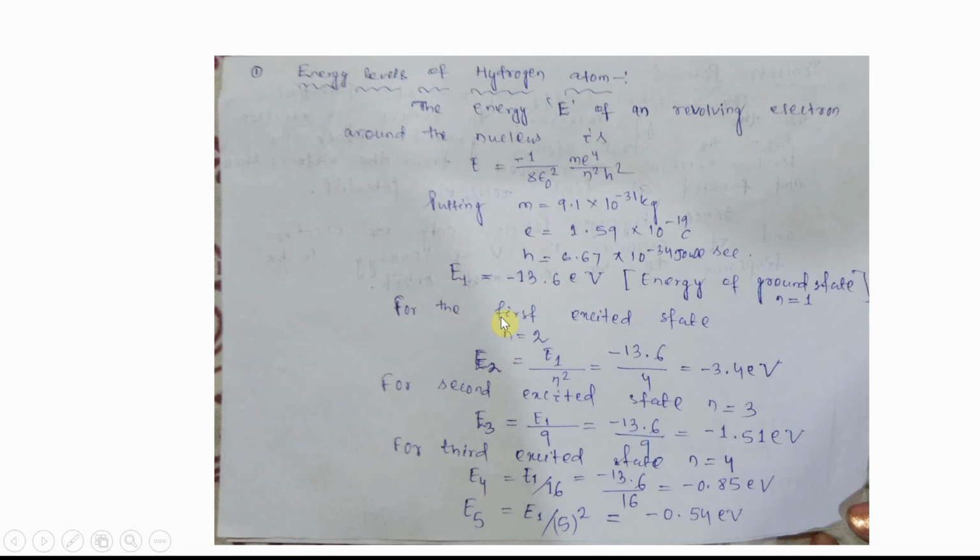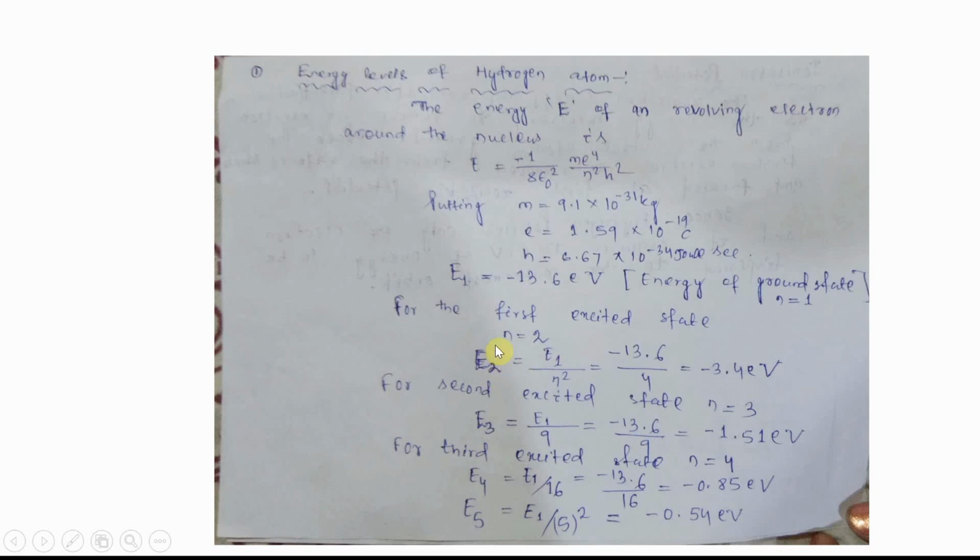And after the ground state the first excited state will come, don't be confused. For ground state n equal to 1, and for first excited state n equal to 2. You have to notice it.